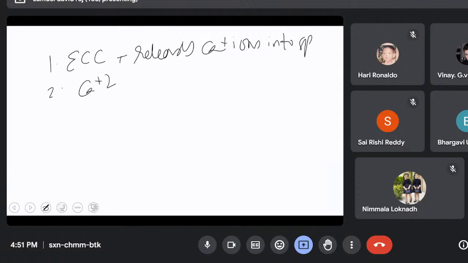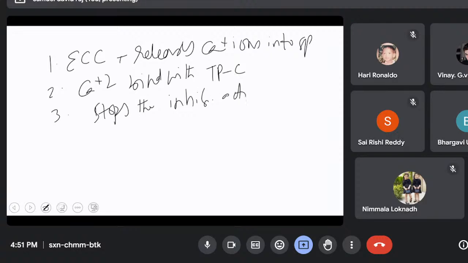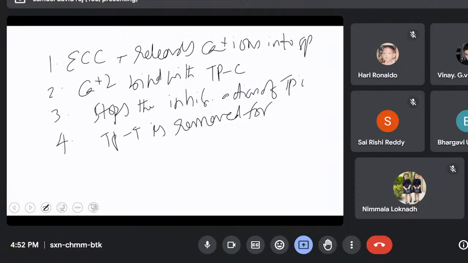Calcium ions bind with troponin C, which eventually stops the inhibitory action of troponin I. When the inhibitory action of troponin I is stopped, troponin T is removed from tropomyosin.